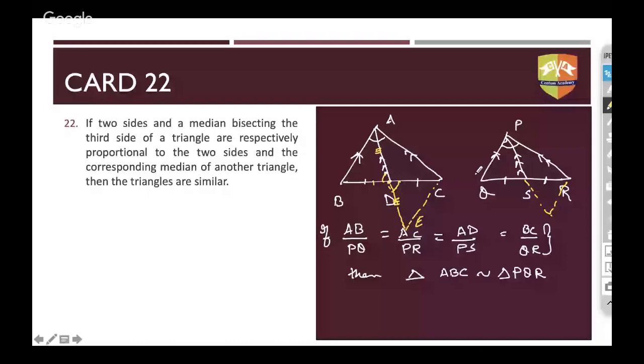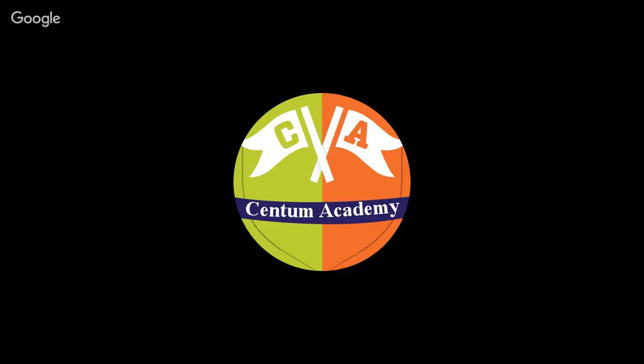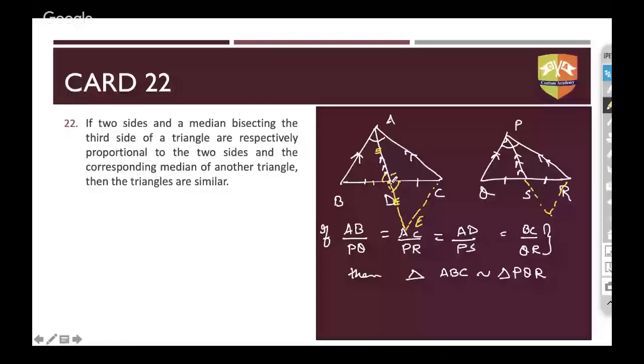That's fine. So primarily, if I extend this, these two are also congruent, then somehow I have to prove that BD by this is equal to that.